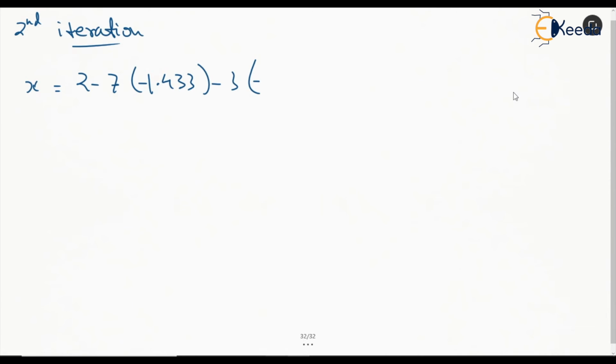So second iteration, again x is equal to 2 minus 7 times y. So y latest value is minus 1.433. Similarly, like we have done in the last case, minus 3 into z, and z is minus 1.972, divided by 12.